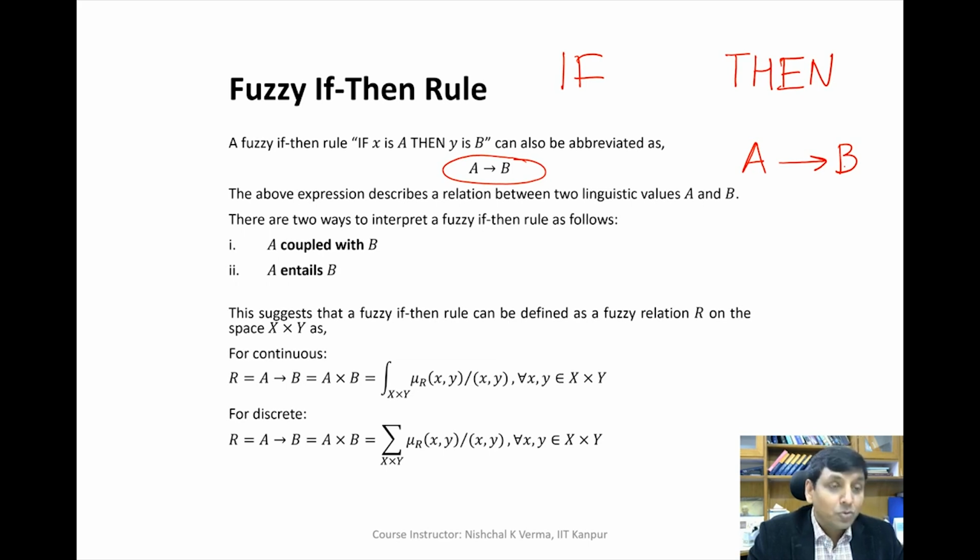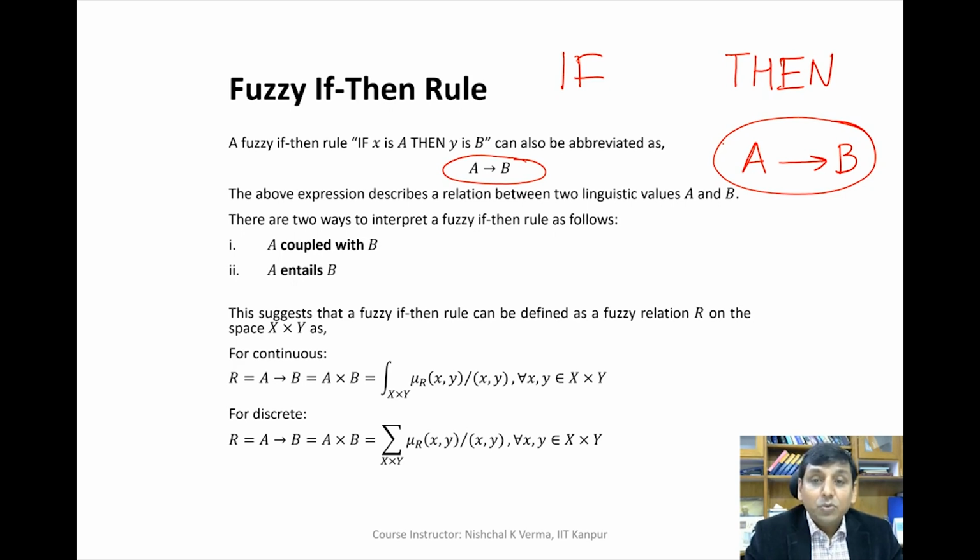What is the output? What is the linguistic value out of it? So this is how it is written. A forward arrow B is also written for a particular fuzzy rule.